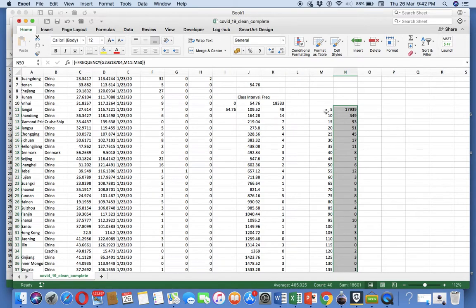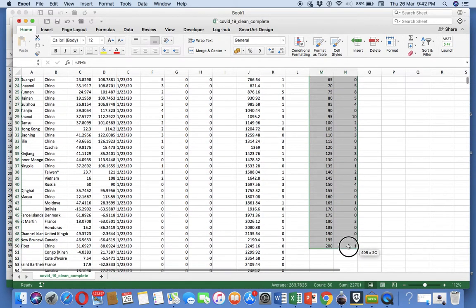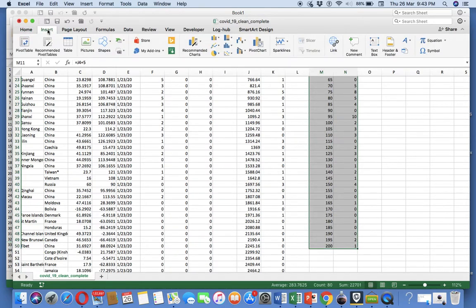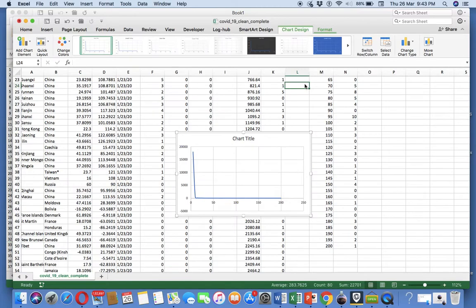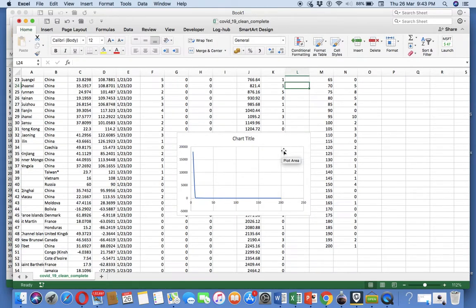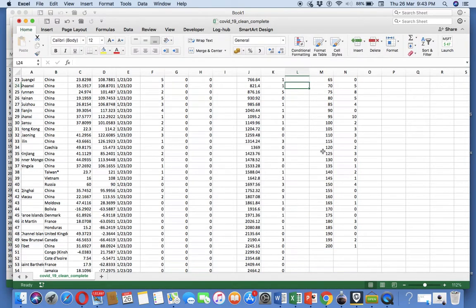So I will select these two columns and go in for an XY plot. So I'll go to Insert, and I get an XY plot over here, and then I'll go for a line. So you can see it's a highly, highly skewed distribution.